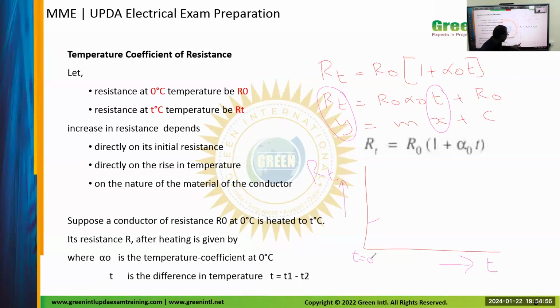At T is equal to 0, we have some resistance. Any metal has one finite resistance value at 0 degrees Celsius. That's why we put the point here instead of the origin. Now the temperature increases. What will happen? Mathematically, it increases like this.